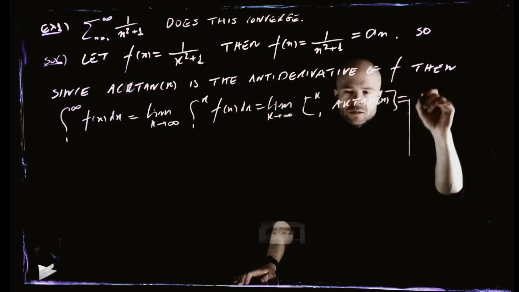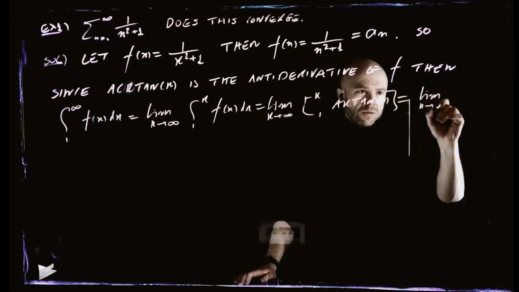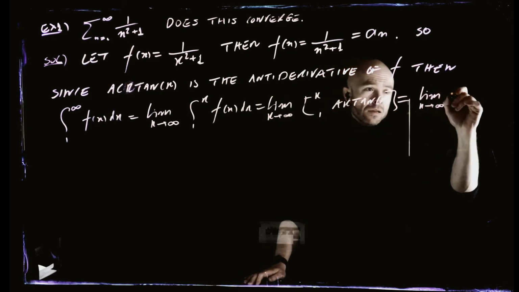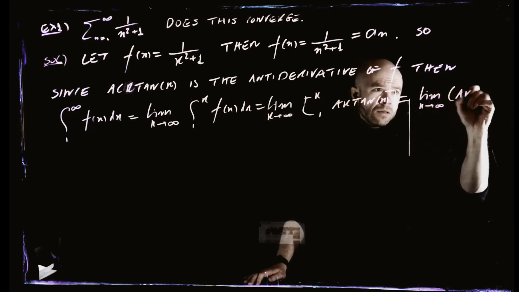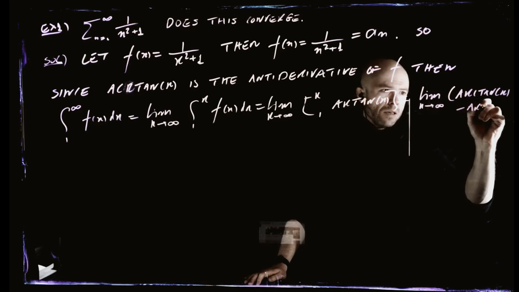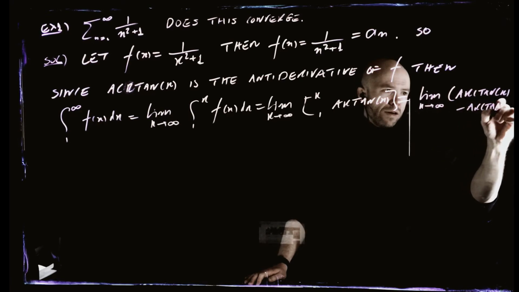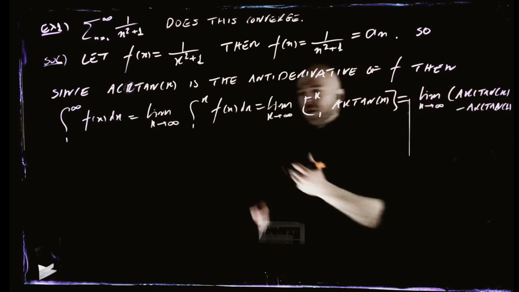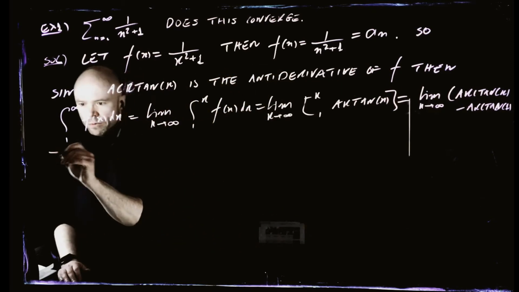And what's this? This is equal to the limit as r goes to infinity of arctan of r minus arctan of 1.